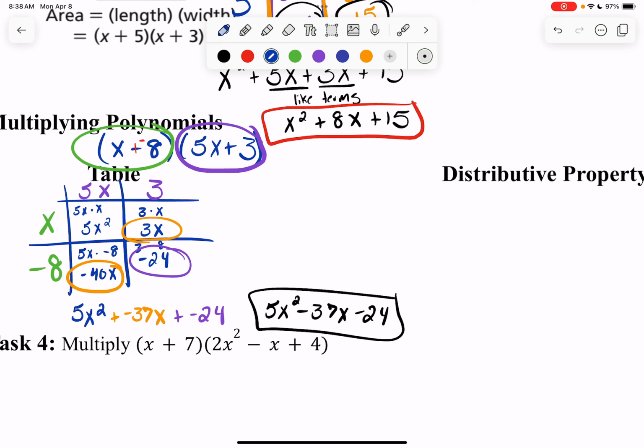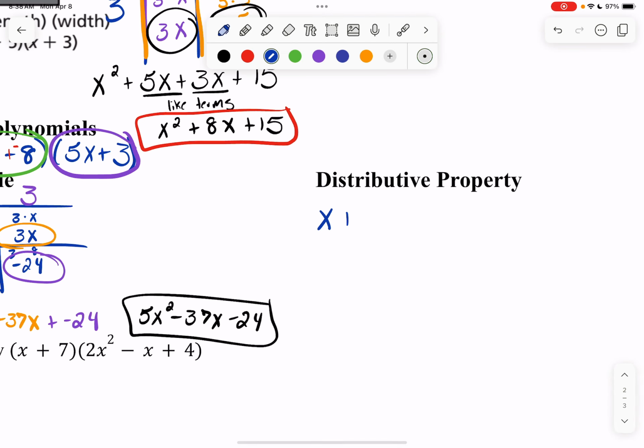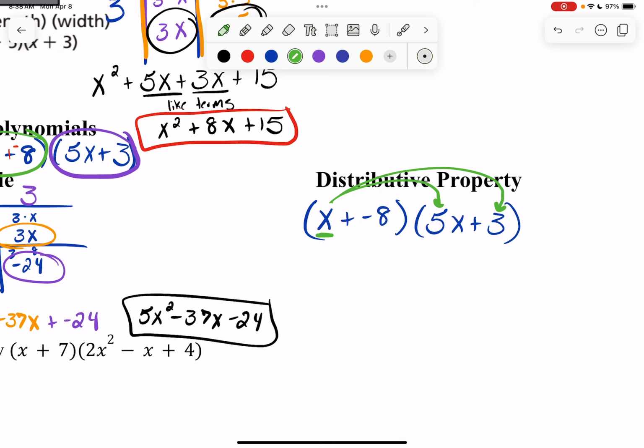Another method is the distributive property. Basically we're distributing x plus a negative 8 times 5x plus 3. I'm going to start by multiplying this first x times both pieces in this other binomial. So I would take x times 5x plus x times 3. That's me multiplying by x. Now I do the same thing with my negative 8.